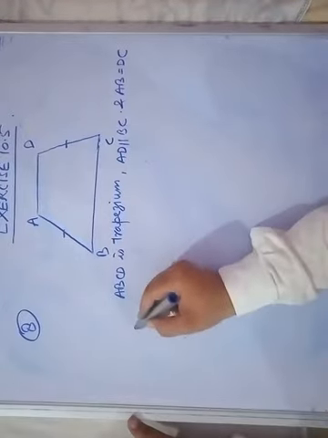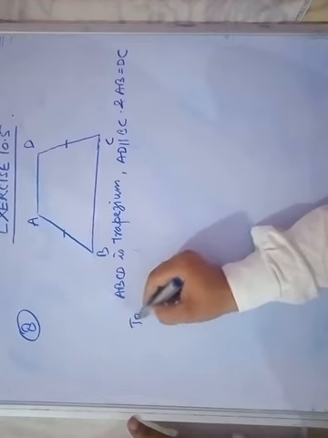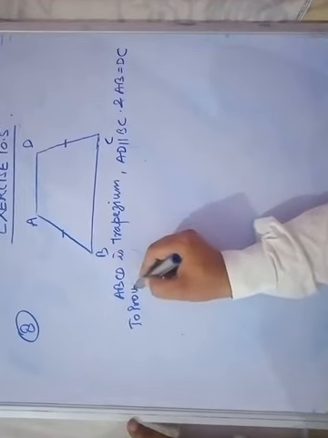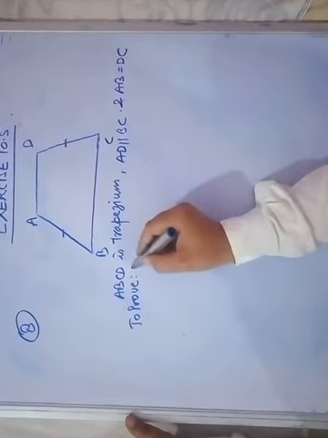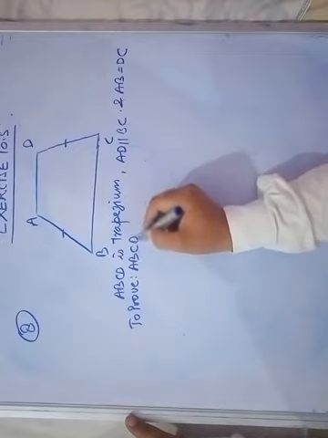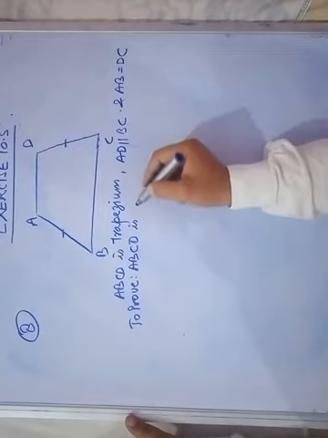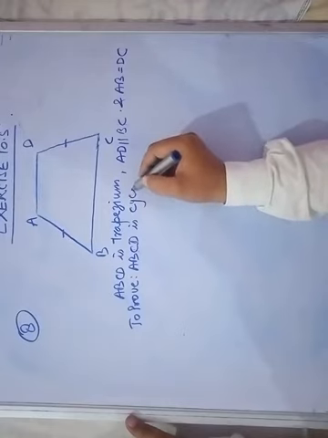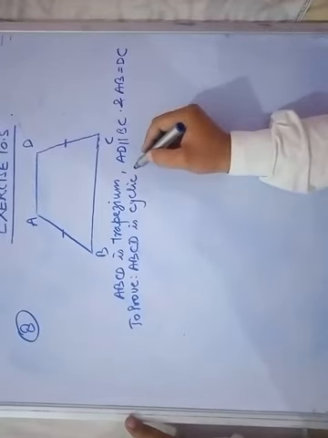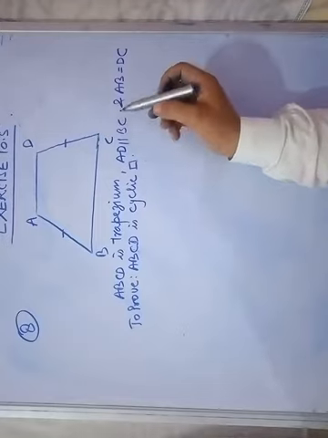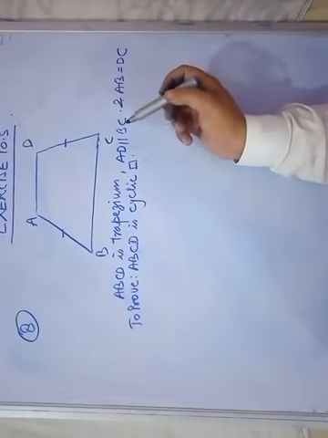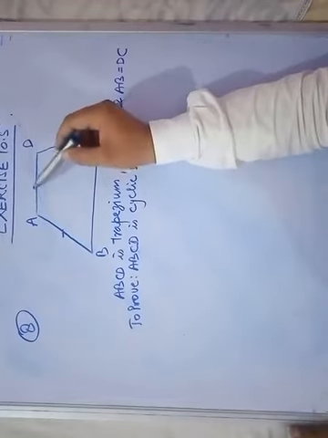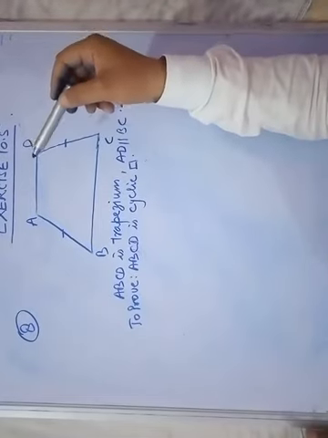And we have to prove here ABCD is a cyclic quadrilateral. It means we have to prove the sum of opposite angles equal to 180.